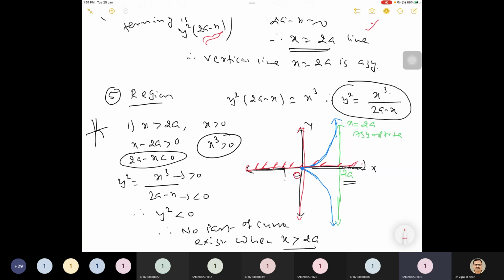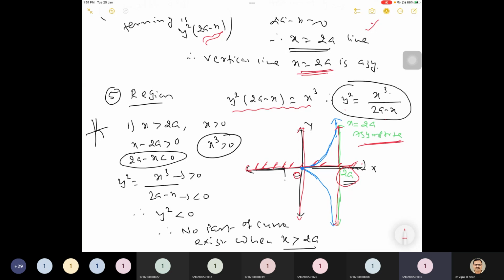Then curve passes through the origin. Origin is a cusp also. Then draw the line x equal to 2a, our vertical asymptote. So this is 2a. Now this is the equation y square into 2a minus x equal to x cube. So we write y square equal to x cube upon 2a minus x.